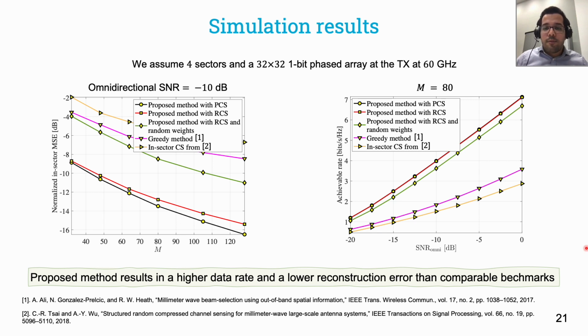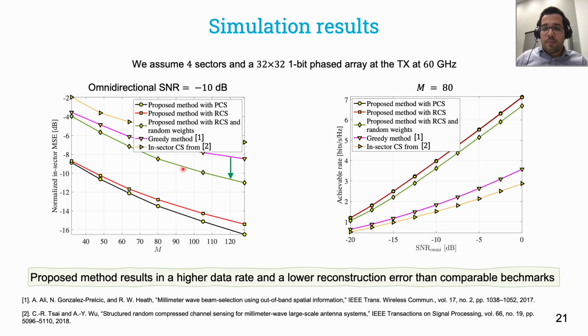Therefore, because they focus power poorly, you end up with poor performance. Because of that, as you can see from the figure on the left, our proposed method with RCS and random weights, shown with the green curve, achieves a better normalized in-sector MSE than the benchmarks.